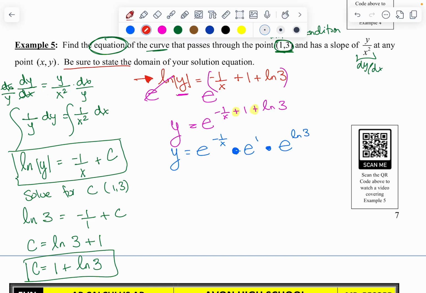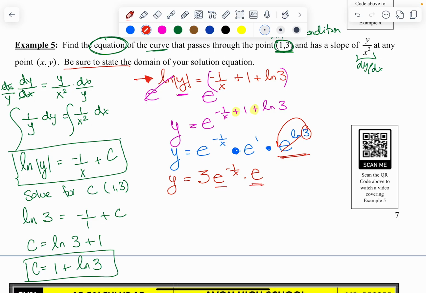Notice e to the ln of 3, that 3 just comes down. So now we have y equals, I'm going to put the 3 in the front, 3 times e to the negative 1 over x times e.